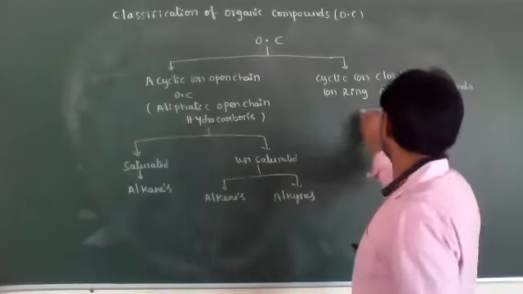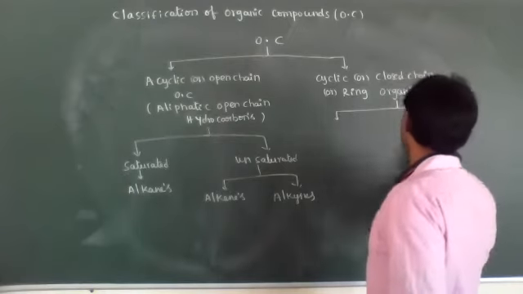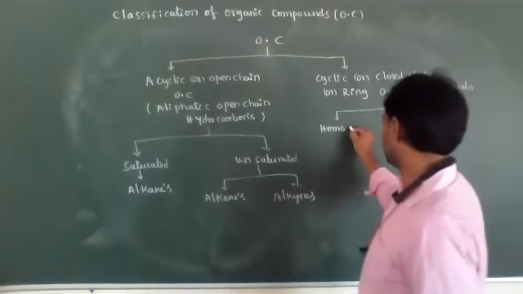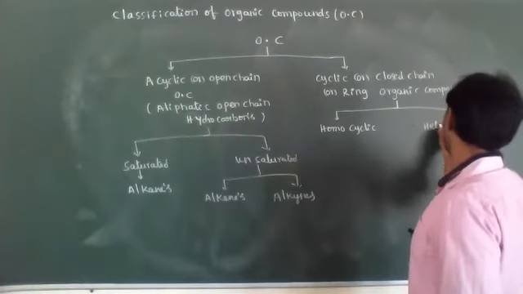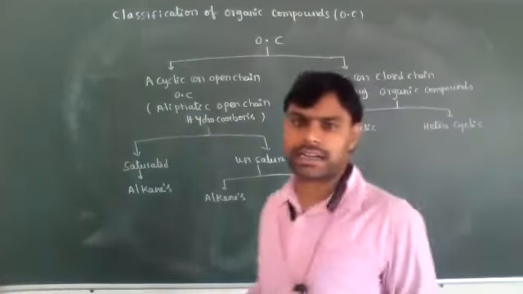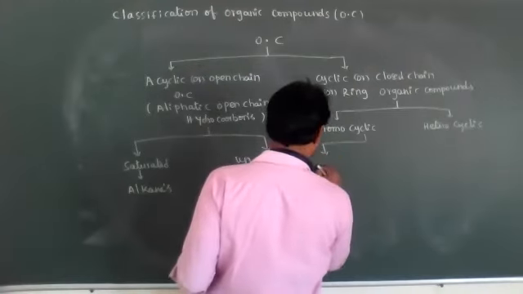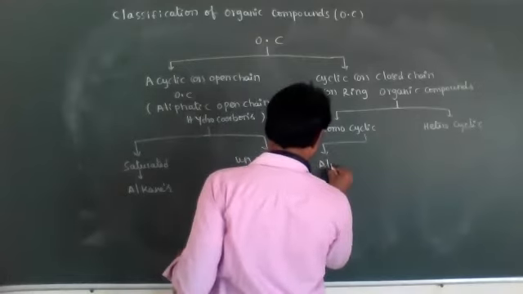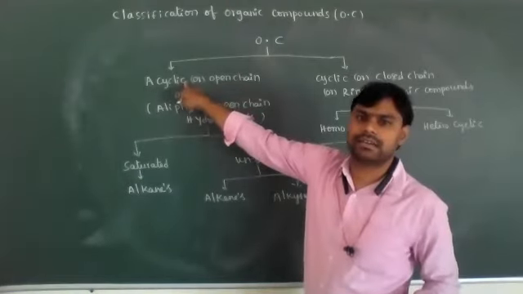Now, again these cyclic compounds are two types. Homocyclic and heterocyclic. In homocyclic compounds again two types. See, this is acyclic.